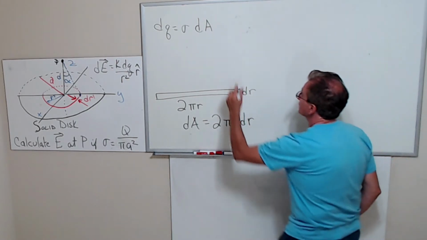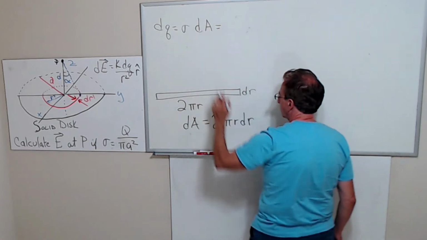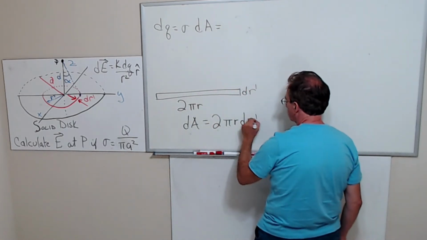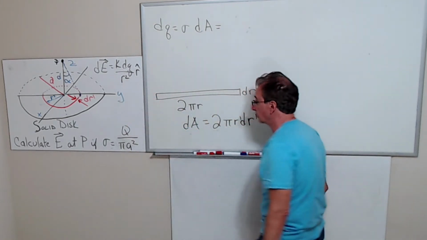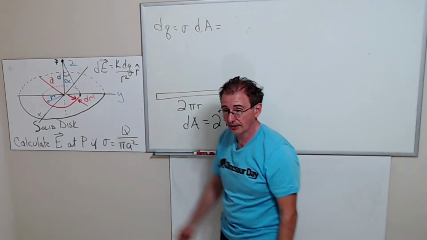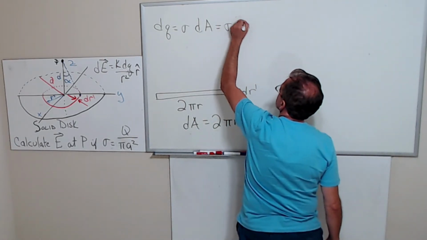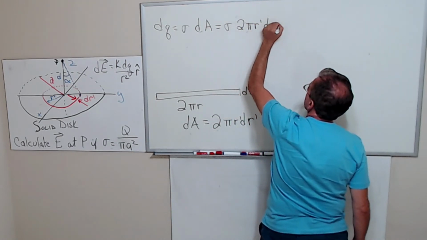And so in my expression up on top, on the board here, I put the charge density sigma times 2 pi r dr. And again, I'm going to call these r primes just so that I can tell the difference between the r primes and these r's. I get sigma times 2 pi r prime dr prime.